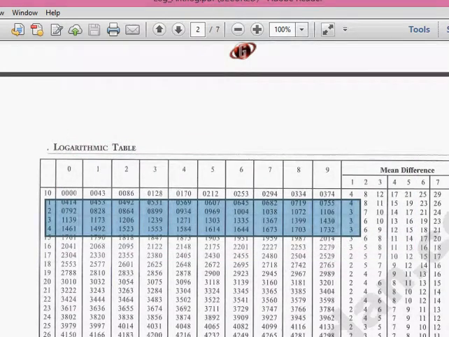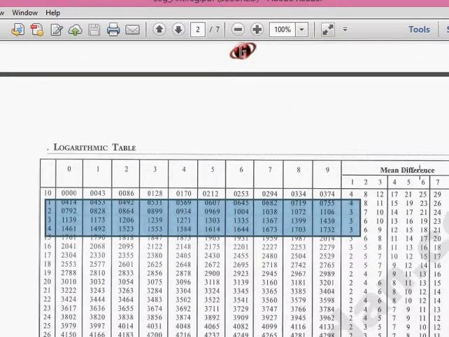Let me write that out for you. We call it Matheson. We have the difference, we have the column, and we have the difference in the log table. This is called the mean difference, and these are the columns.